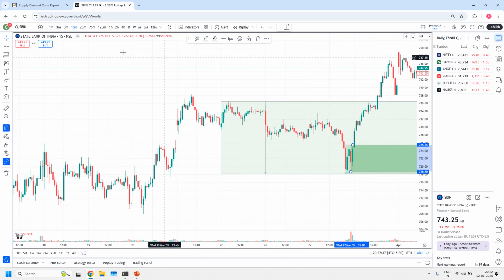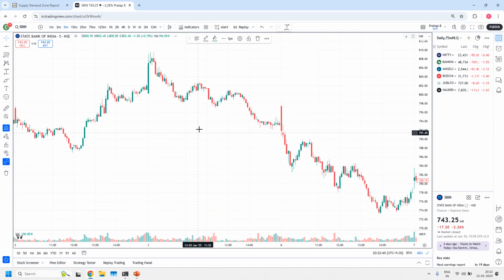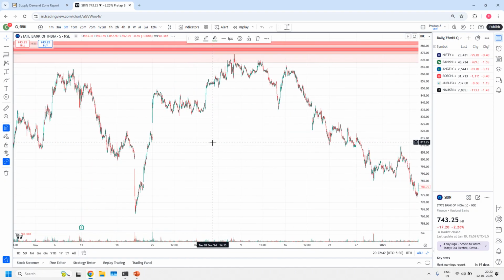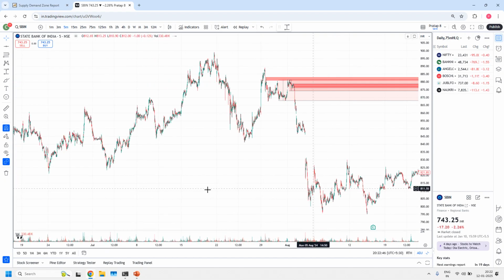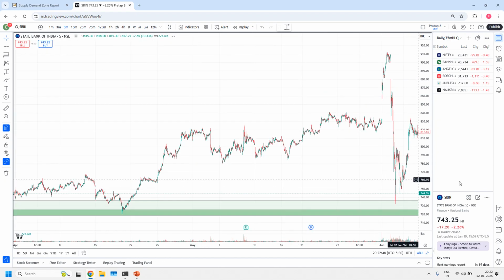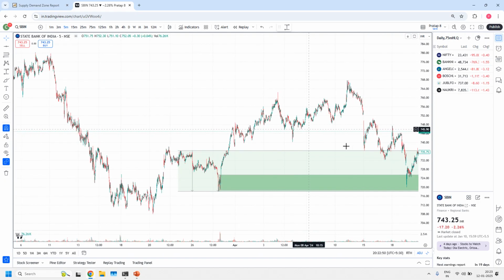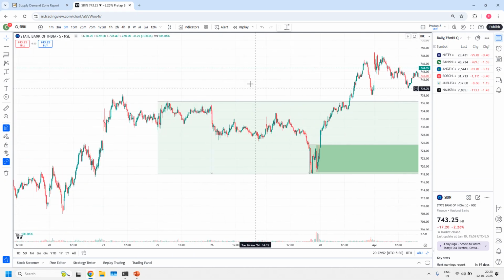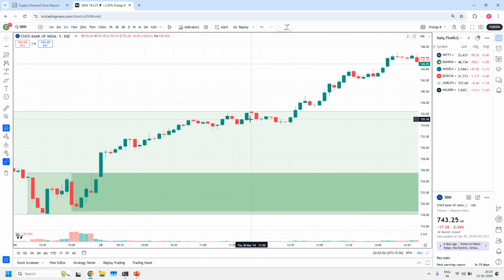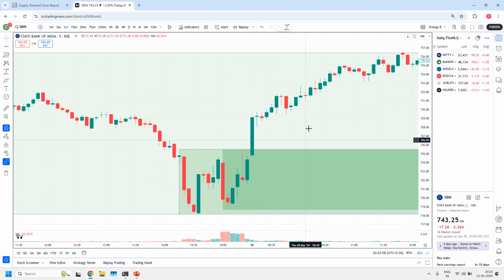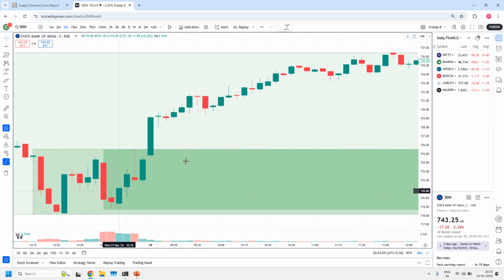And within this 15 minutes, let us look into the fine-tuned 5 minute zone. Here drop base rally, but is it a valid rally candle?